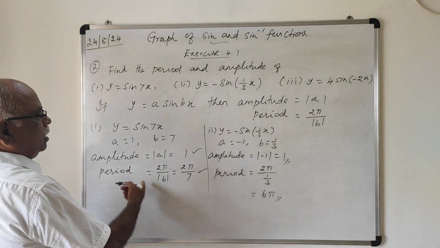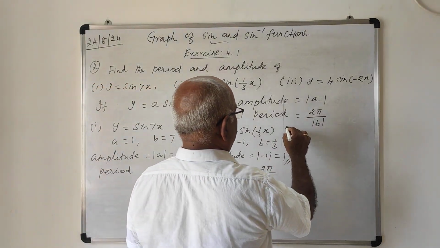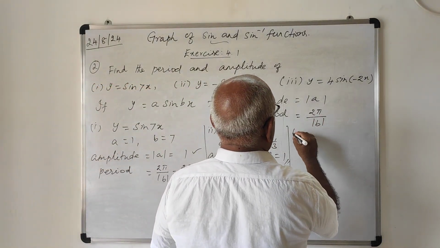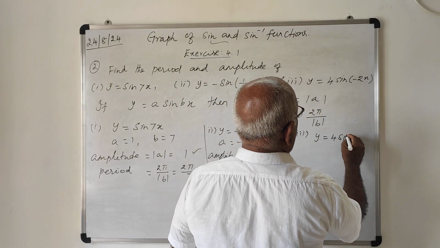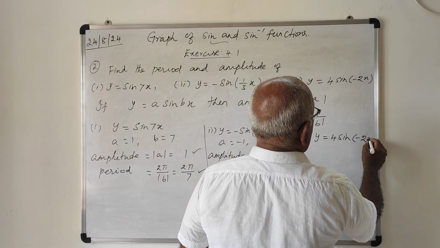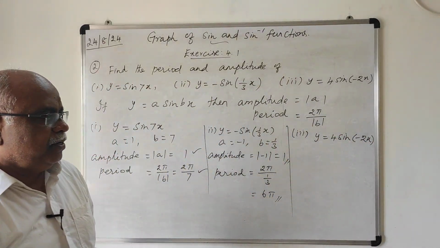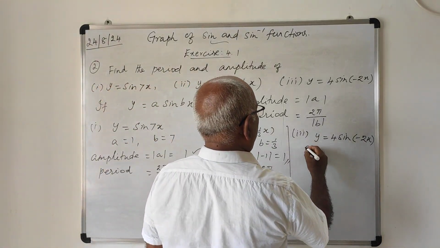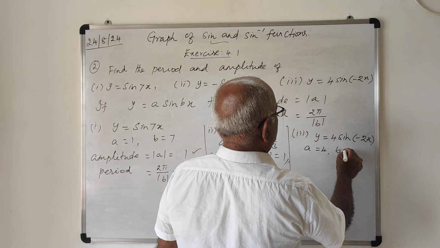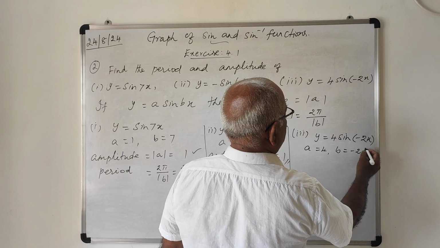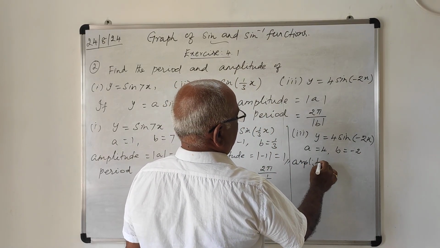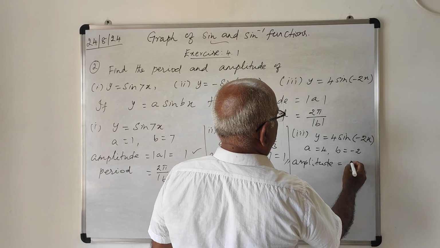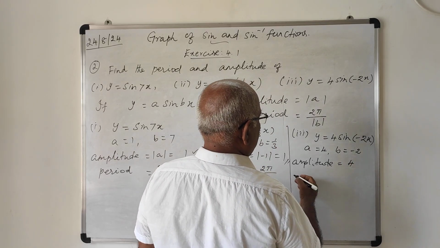So this is the first one and second one. Third one. Problem is y equal to 4 sin of minus 2x. Here a is 4 and b equal to minus 2. Amplitude is mod of a, which is 4.